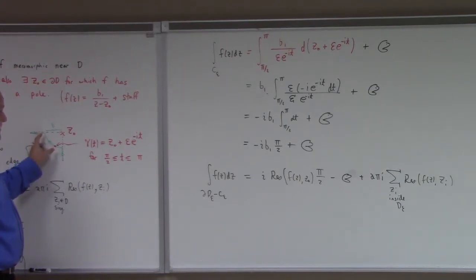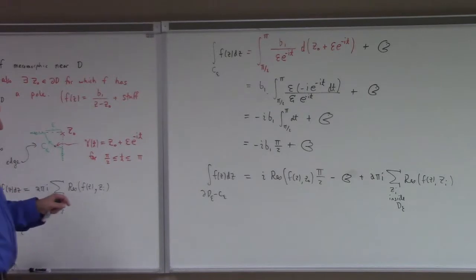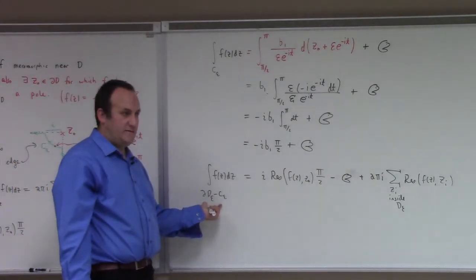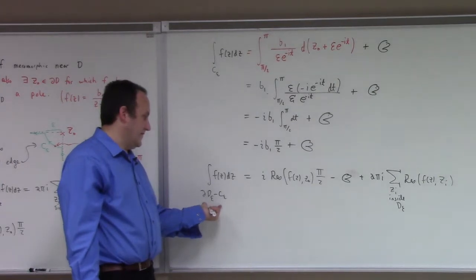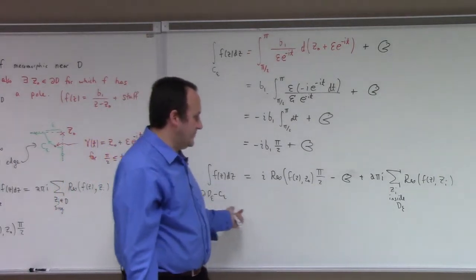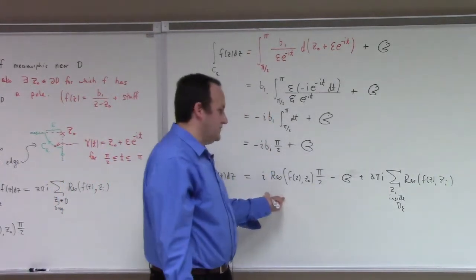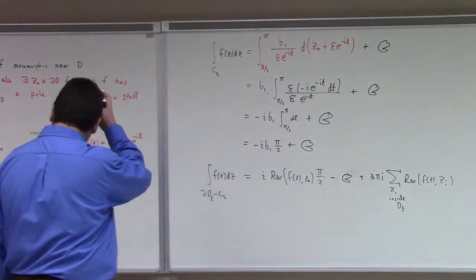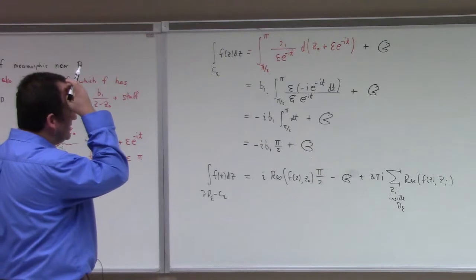So I'm arguing the singular part gives us the residue times pi over 2. The other part integrates to something that's bounded times something that's limiting to 0. So the Pac-Man piece shrinks to 0 as epsilon goes to 0. And as epsilon goes to 0, of course, this just becomes the boundary of D itself. And then there we have the result: the integral over the boundary of D is equal to 2 pi i times the sum of the residues inside plus this fractional residue piece. And I seem to have lost something.